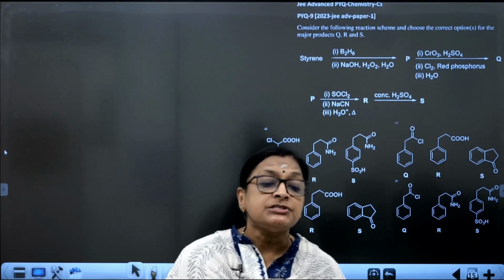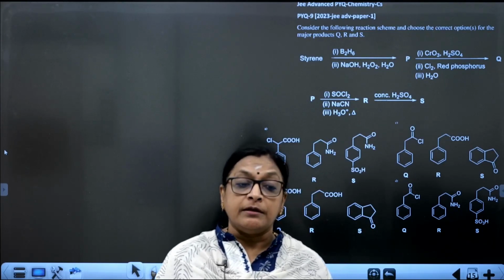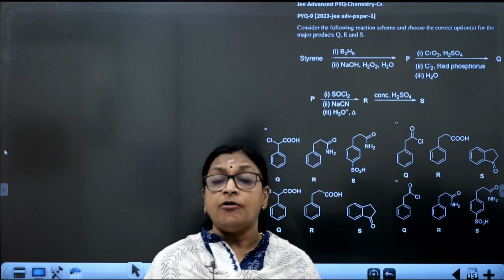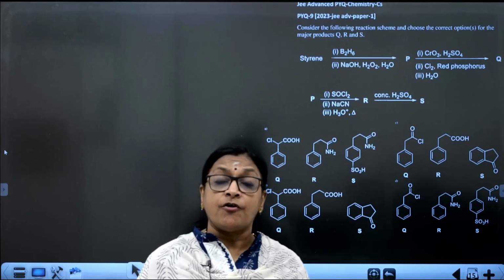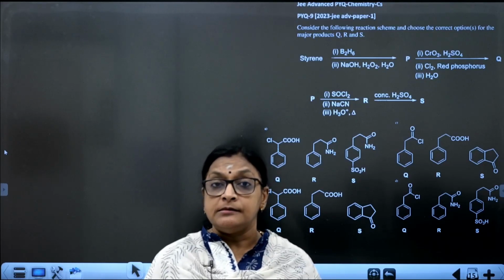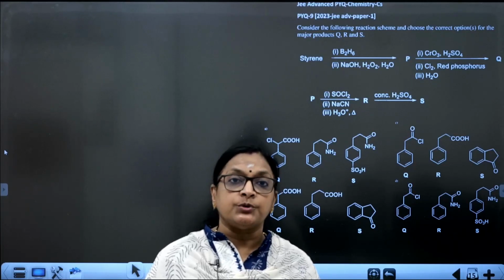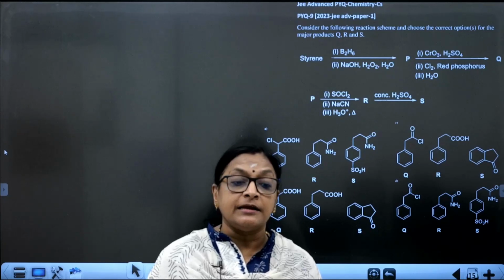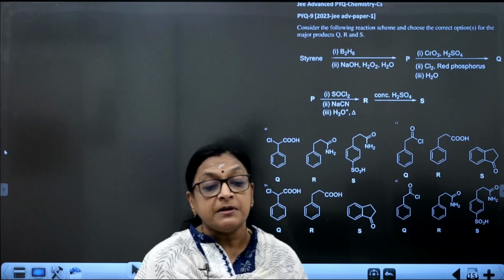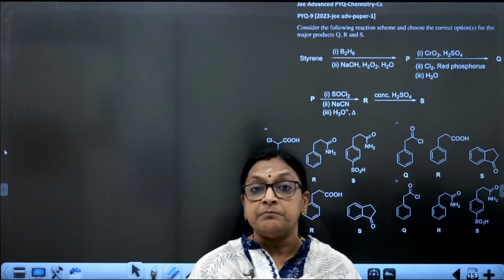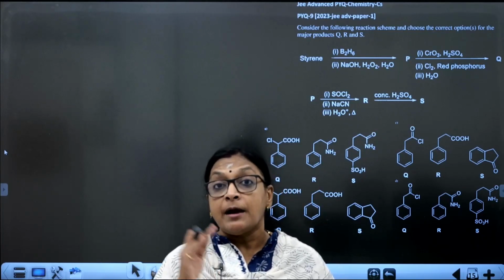Parallelly, P is treated with thionyl chloride. We know P is an alcohol, and when you treat an alcohol or a carboxylic acid with thionyl chloride, OH is substituted by Cl, or Cl minus, you can say, nucleophilic substitution, so that you will get an alkyl halide, which on treatment with sodium cyanide, nucleophilic substitution of halide by cyanide, you can upgrade.